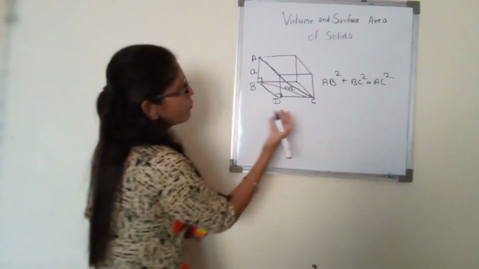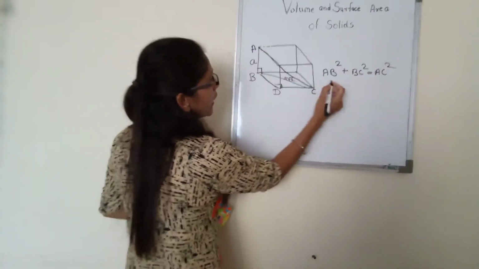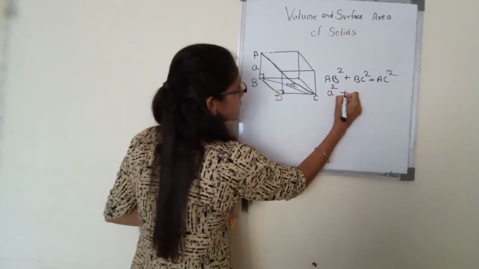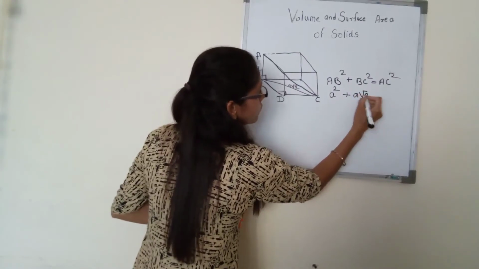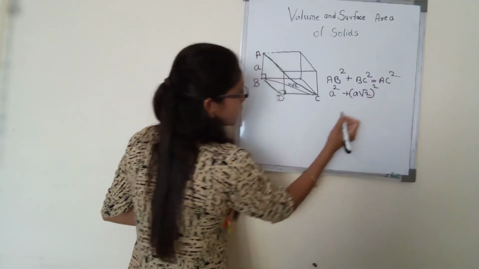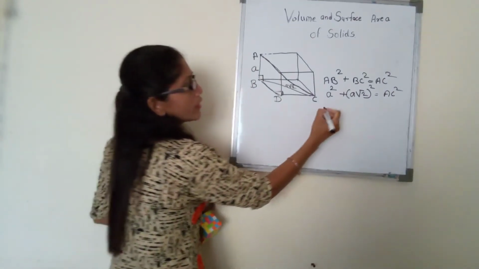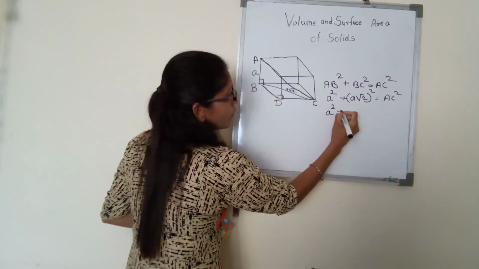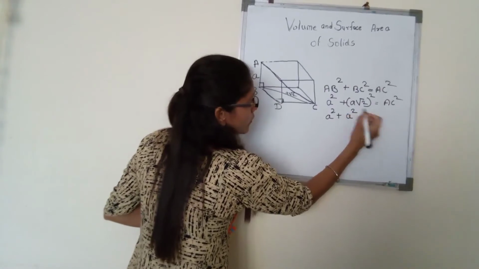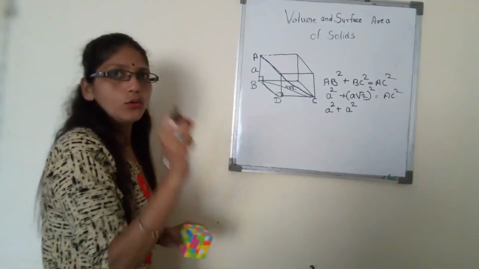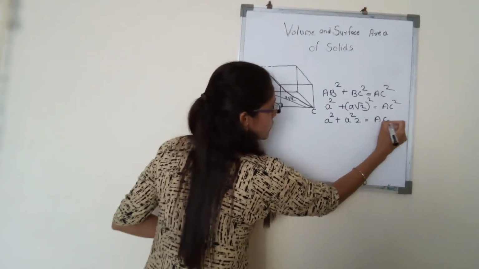Again I will put the sides here. AB square, the side is a, so a square, plus BC, the side is a root 2, so its square is a square times 2, is equal to AC square.